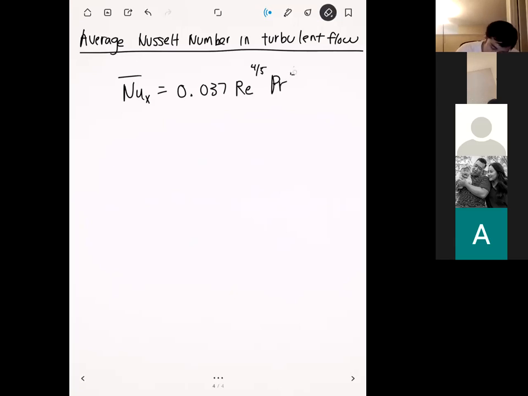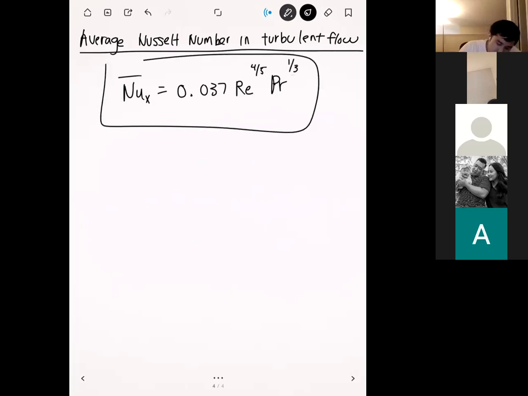Instead of a coefficient of 0.0296, our coefficient out in front is going to be 0.037. So not too much of a change. It's just slightly higher than that.